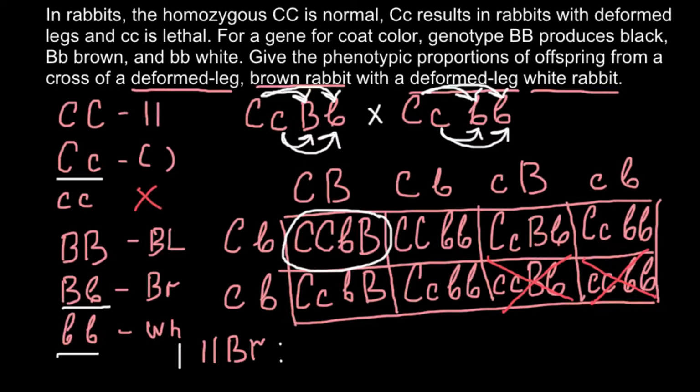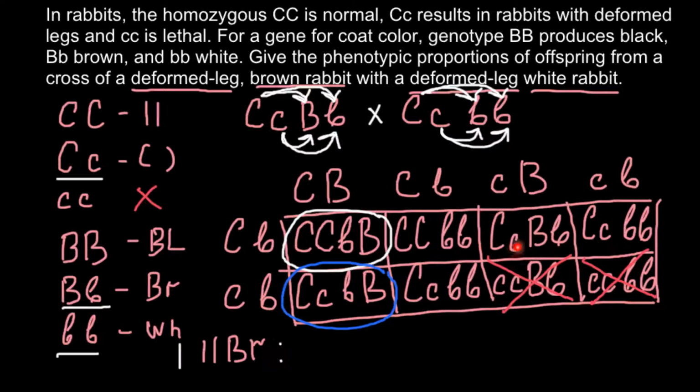So let's find the other genotypes and phenotypes here. For example, heterozygosity for the gene C means deformed legs. So this is going to be deformed legs and brown color. So this is going to be one genotype or phenotype, and let's check if we have more of the same phenotype.